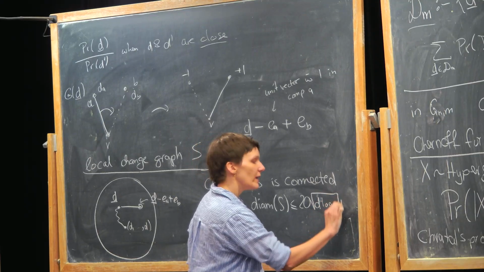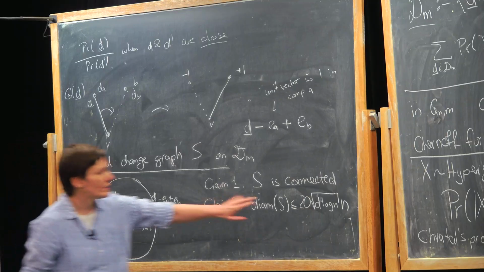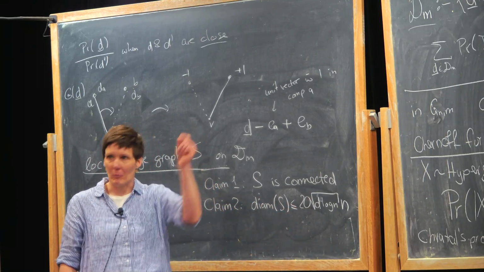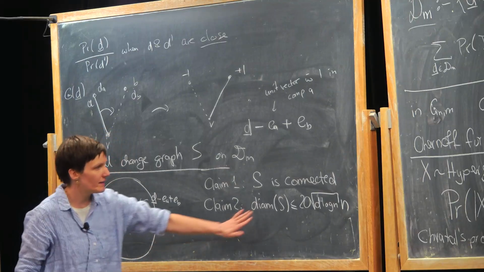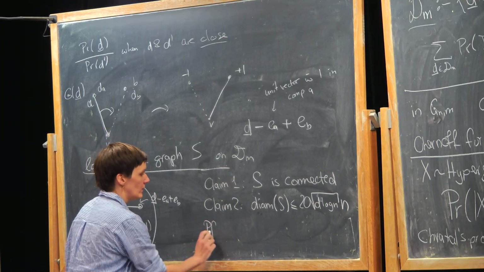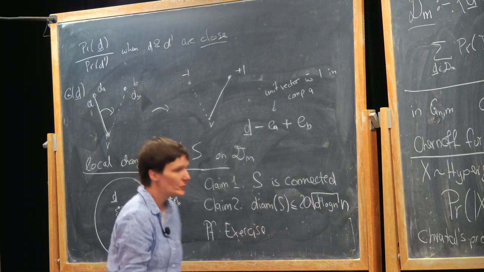And I need to do this for every vertex. And twice that, because I go from one to the D-regular, and then I might need as many to go back to another one. So that is the diameter, and the proof is an exercise.